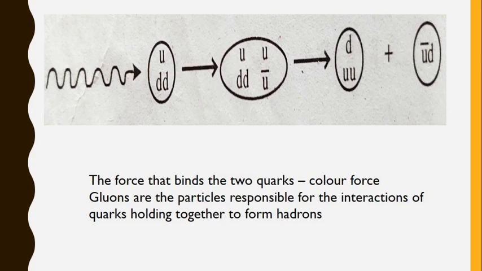So gluons are the particles responsible for holding quarks together to form hadrons. The gluon is exchanged between two quarks so that this color force exists between the quarks, and this color force binds the quarks together to form hadrons.